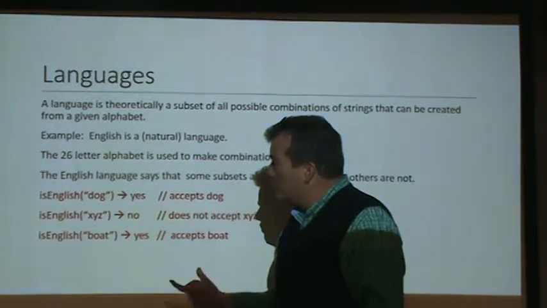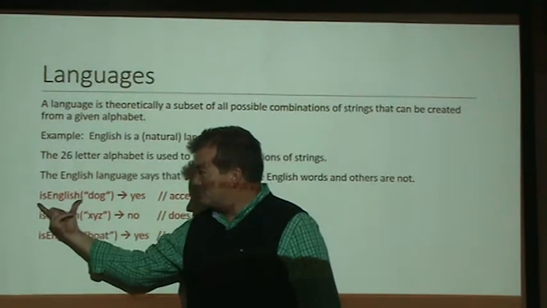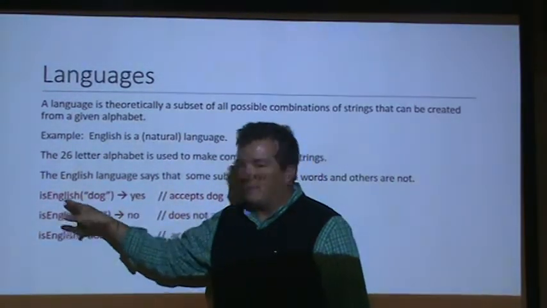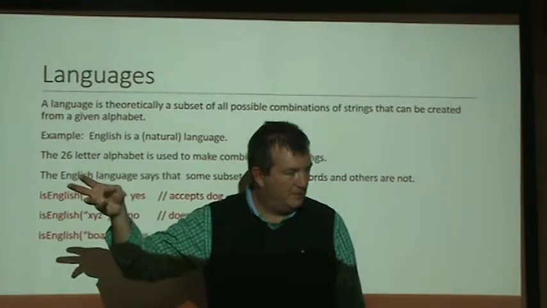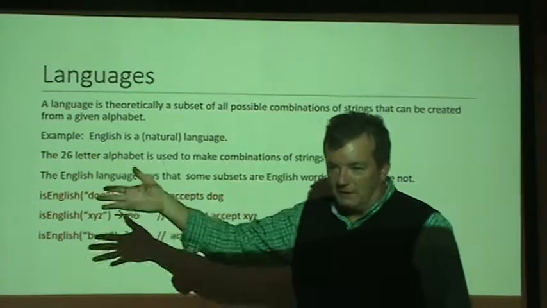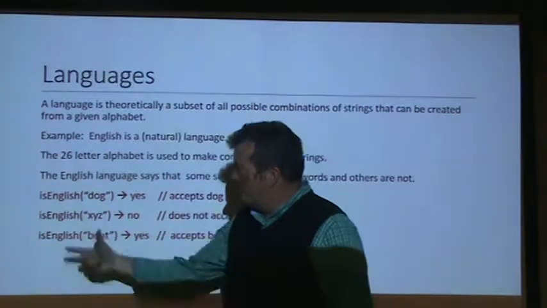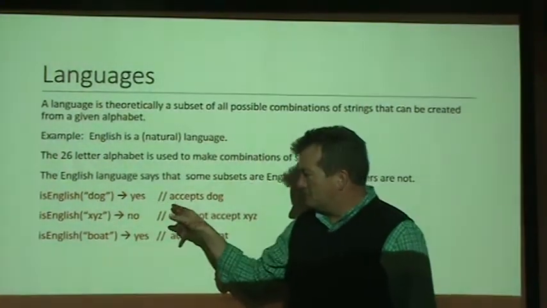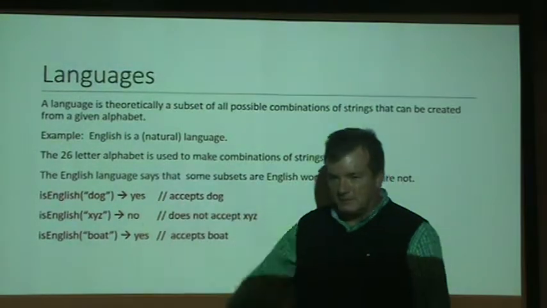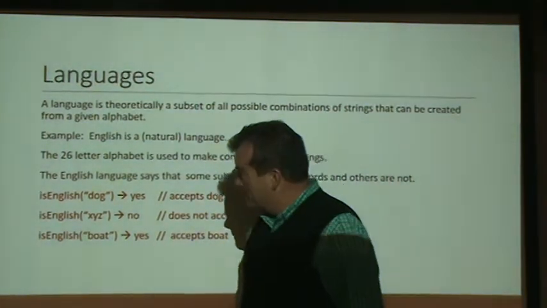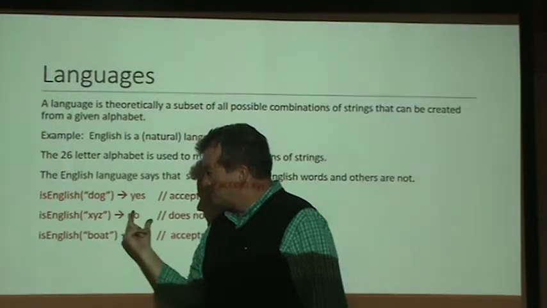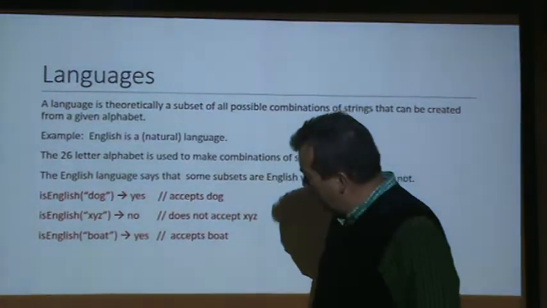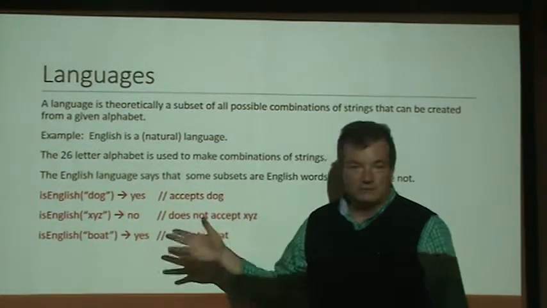So if we were to write a program, isEnglish, and you pass the word in, and this program either answers yes or no, whether or not the word is in English, then we would say I have a function isEnglish, pass in dog, it answers yes. It accepts dog as a member of the English language. Is English XYZ? It would answer no. XYZ is not a word in the English language. If you put in boat, it would answer yes.